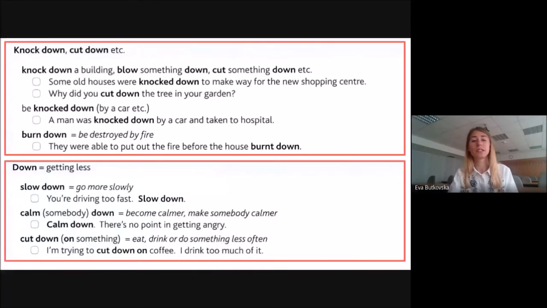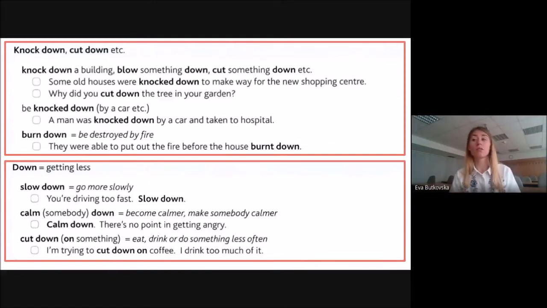Usually, or very often, the preposition down means it's getting less or it's going down. So if I say slow down, it really means to go more slowly, or slow down your pace. You're driving too fast, slow down.